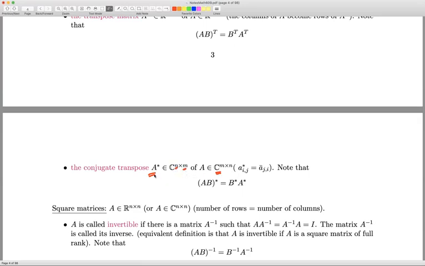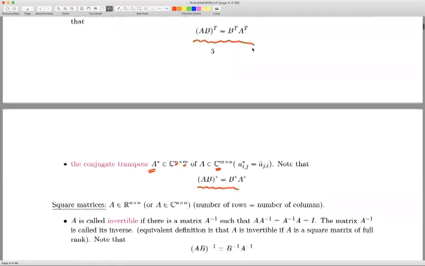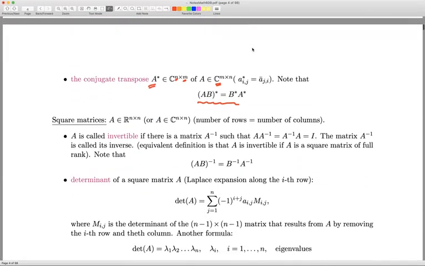And the elements of this matrix, the ijth element of the matrix A star, is equal to the jith element of the matrix A complex conjugate. And again, the same rule as for the transpose operation, that AB star is equal to B star times A star.